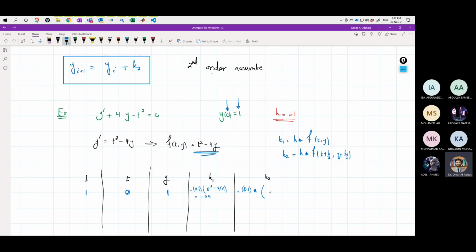So let's say 0 plus 0.1 divided by 2, the whole thing squared, minus 4 times, rather than y, it will be y plus k1 over 2, which is what was y initially, 1, plus what was k1, minus 0.4, divided by 2. How much is the answer for that?